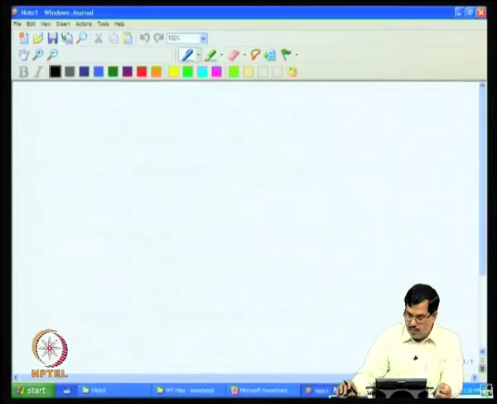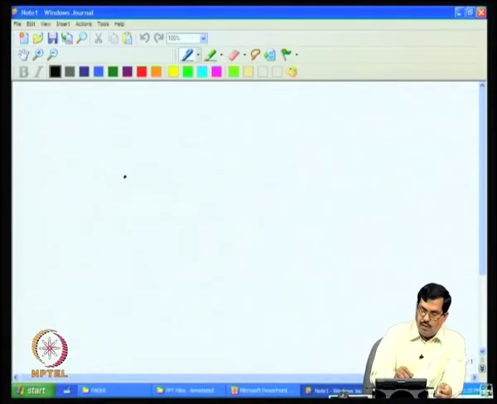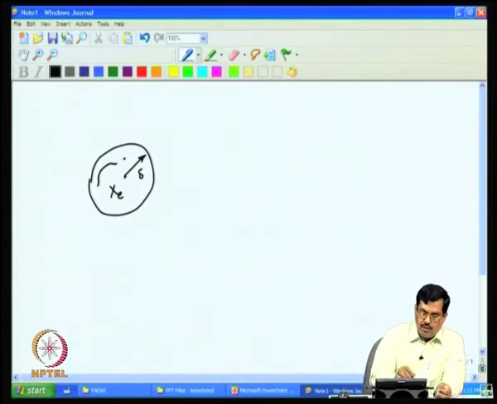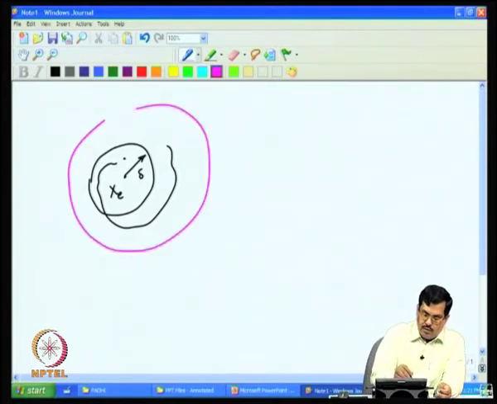So, suppose there is Xc here. I start with a ball of, let us say, delta, and if my initial condition x0 is somewhere in it, then I will evolve somewhere, so that ultimately there is some epsilon ball.